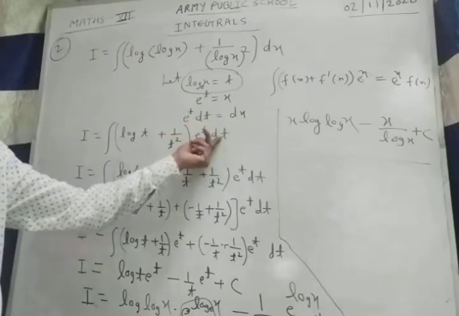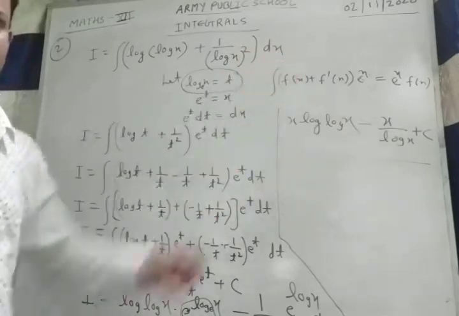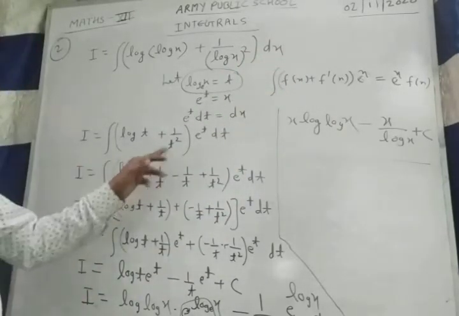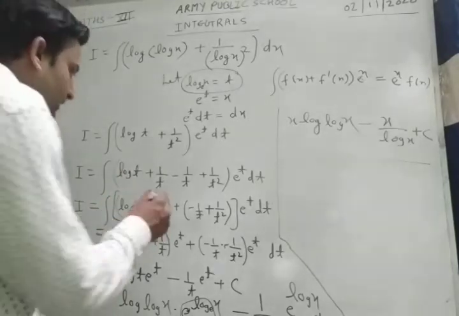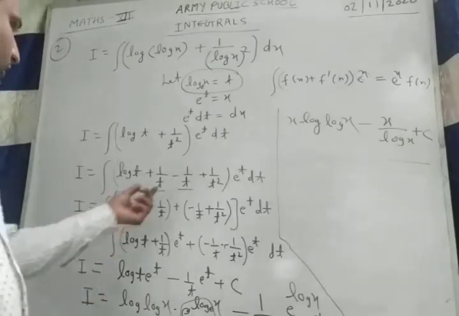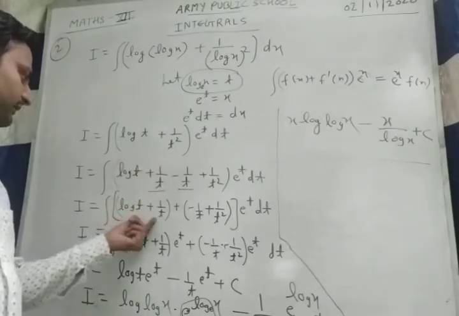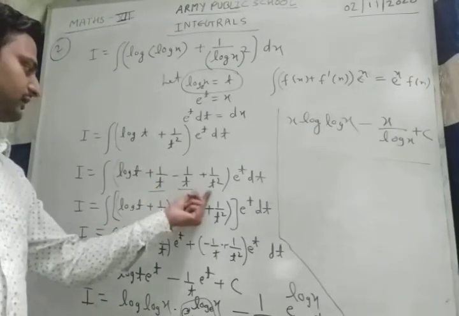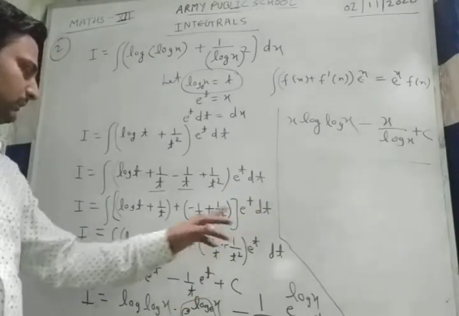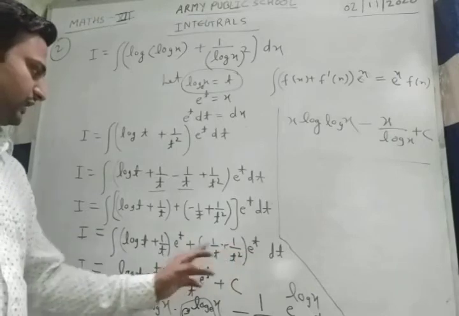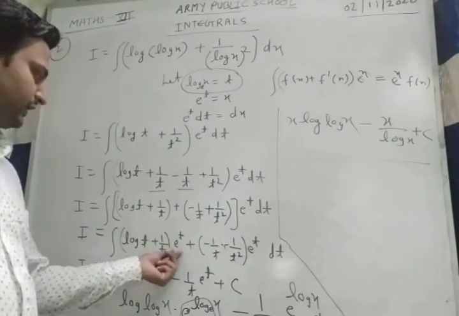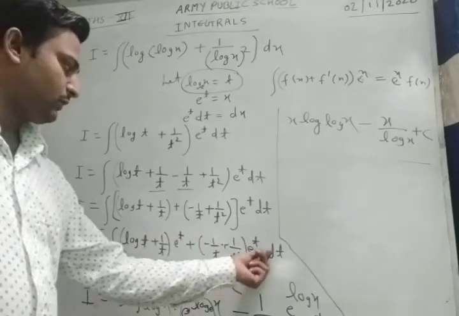Now I is the integration of log t, and we have this term added and this term subtracted here. So this is first term, this is second term, and this is e to the power t dt. Now we multiply this e to the power t here and here. We get log t plus 1 by t, e to the power t, and here e to the power t dt.